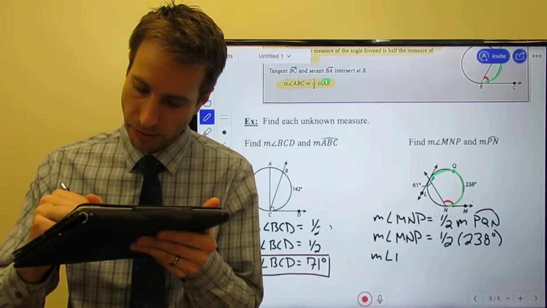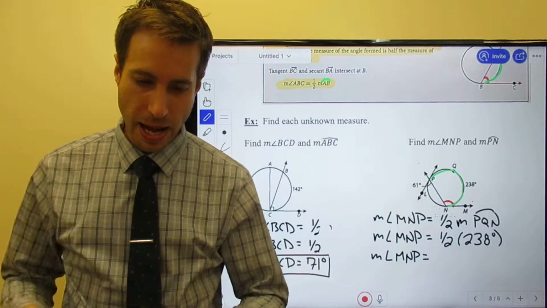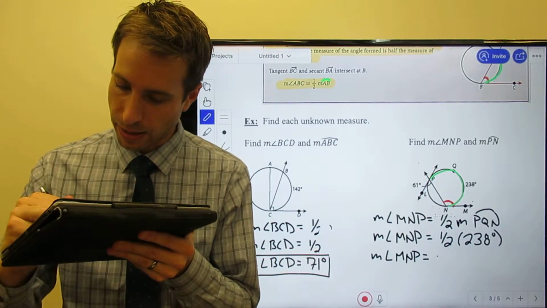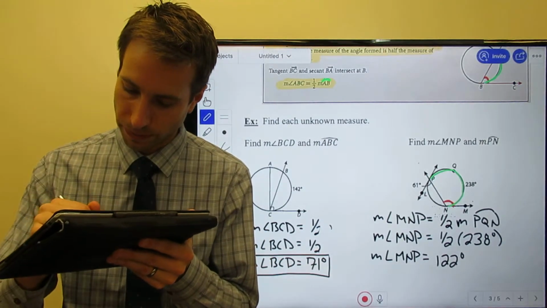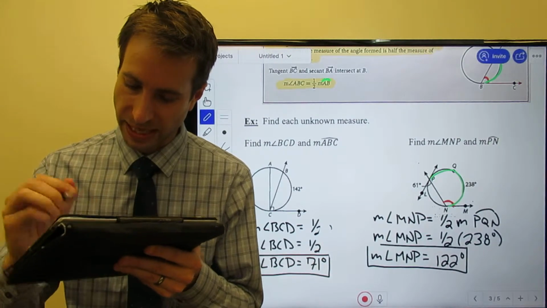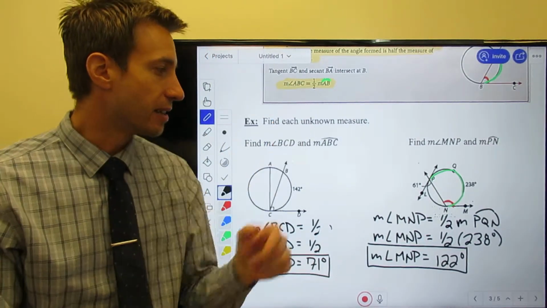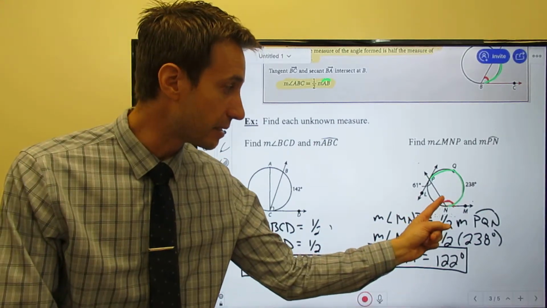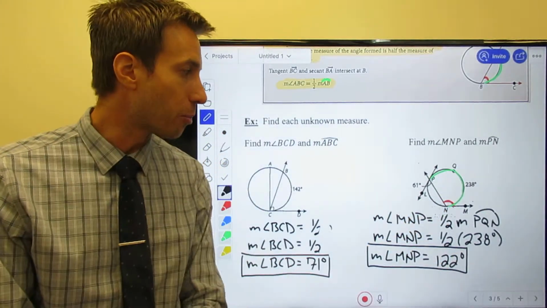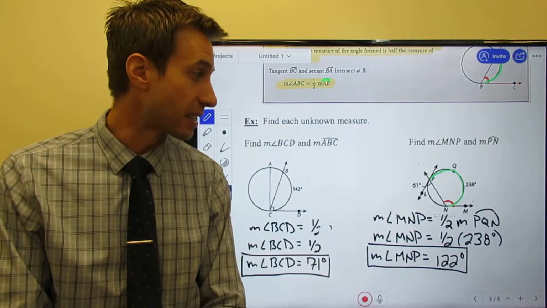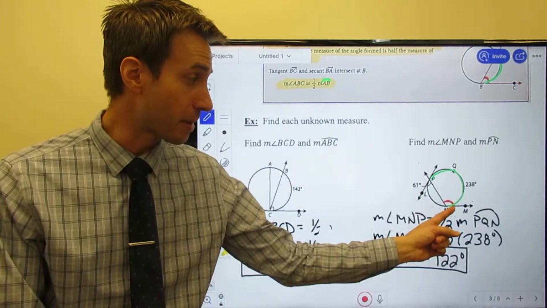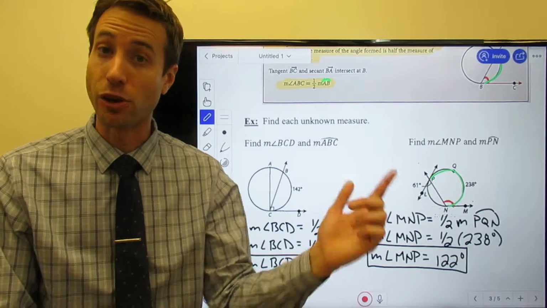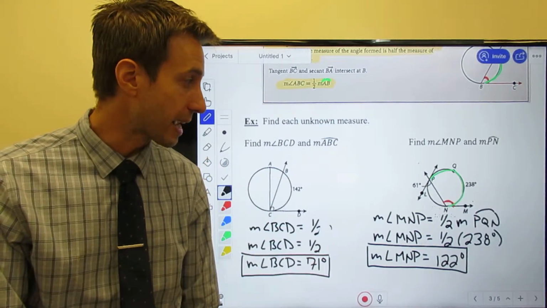Don't fat finger something on your calculator, and you should get 122 degrees. Again, we're just using this secant tangent interior angle theorem to help us find the measure of missing angles, or vice versa. If I know the measure of the angle, the measure of the arc that angle creates.